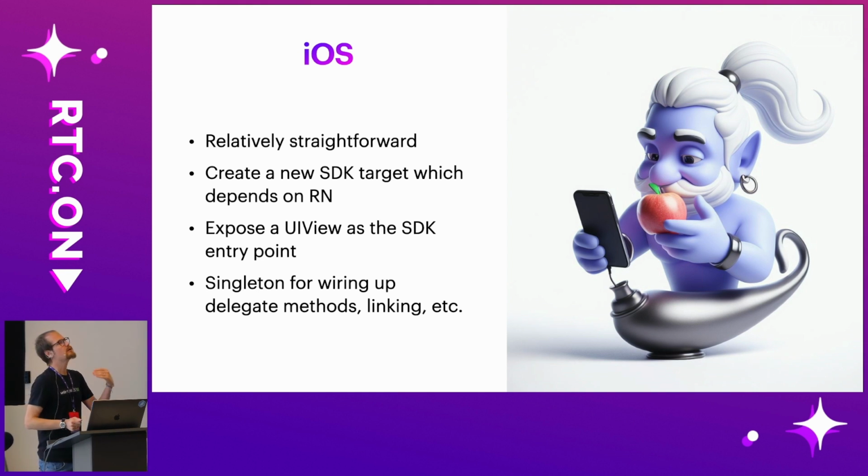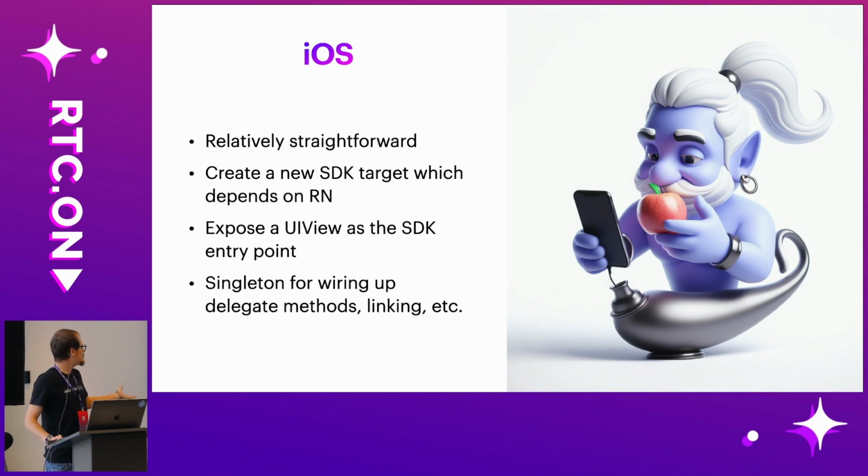Now we would add another target, which is our SDK, a framework target, and we would put all the React Native bits in there. Then our app would depend on the SDK, and that's kind of it. A UIView, that's the JitsiMeetView, would be the API that we give you. You could build a simple controller around it and then present it when you want, and that would be it.